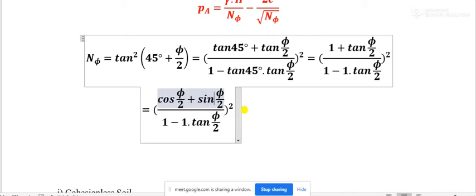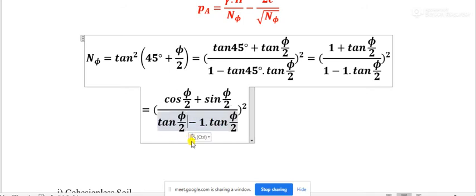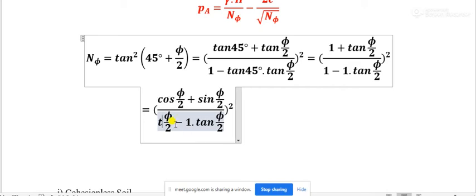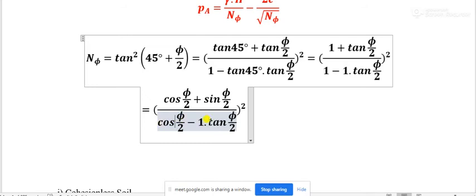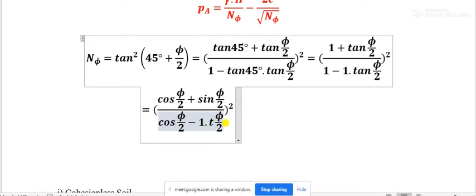cos pi by 2 plus sin pi by 2, that is 1 plus tan pi by 2 equals to cos pi by 2 plus sin pi by 2 divided by cos pi by 2, and in the denominator here also cos pi by 2 minus sin pi by 2.